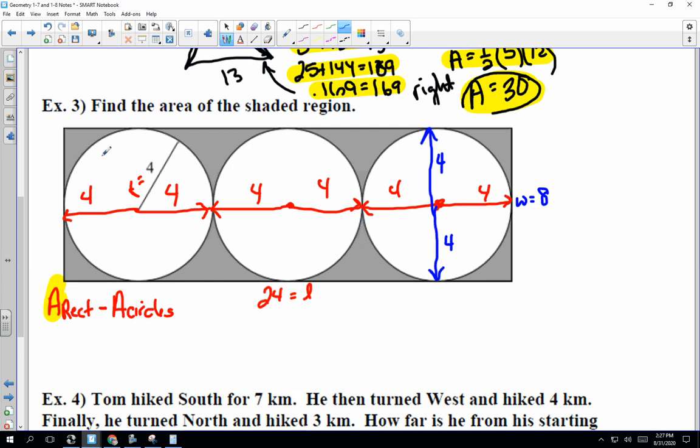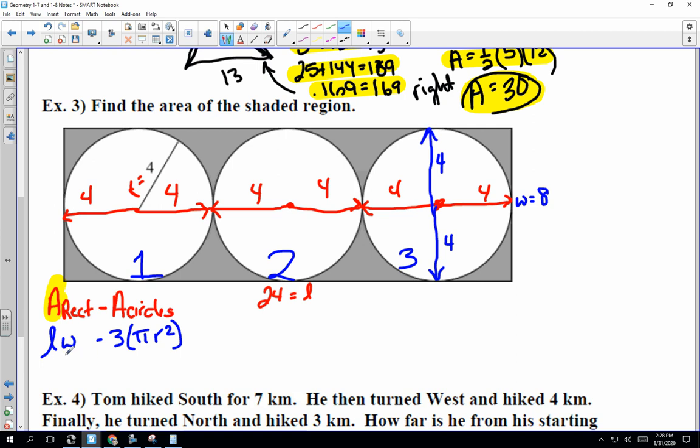We're going to take the area of the rectangle, minus out these 3 circle areas, and be left with just the shaded region. So the area of the rectangle is length times width. The area of the circles, there's 3 of them, is pi r squared, because there's 1, 2, 3 circles.